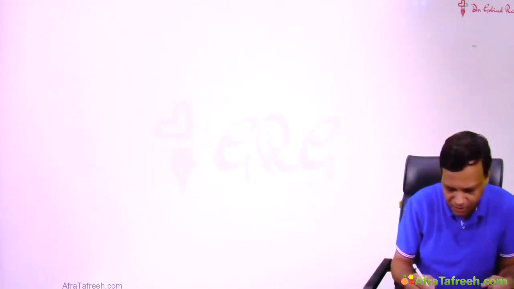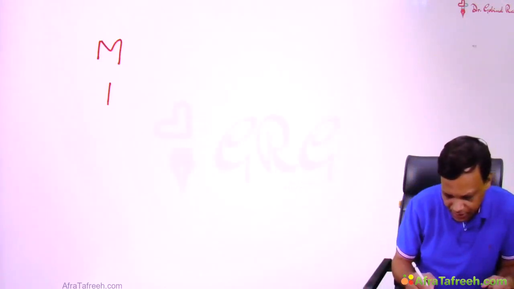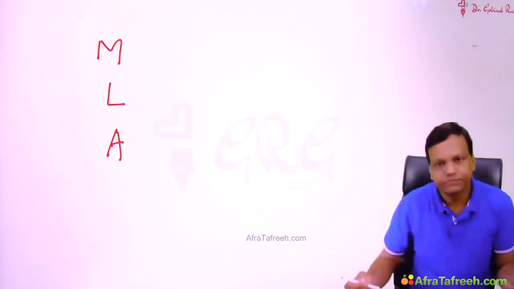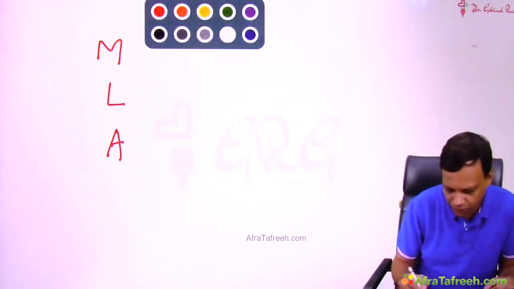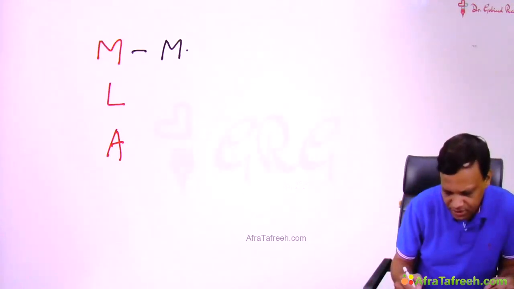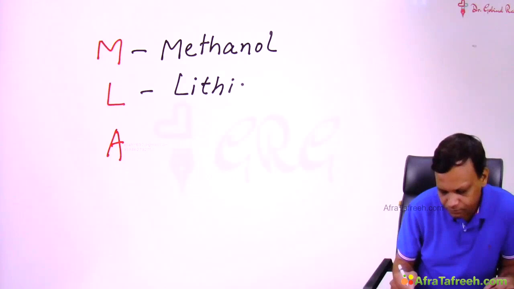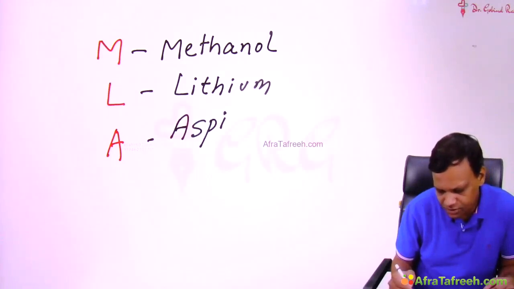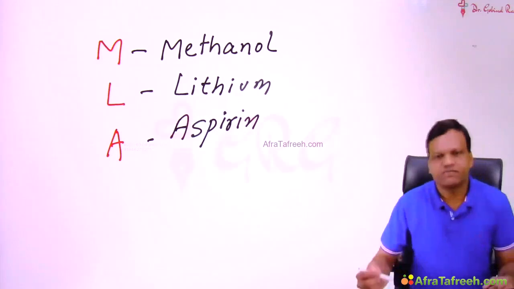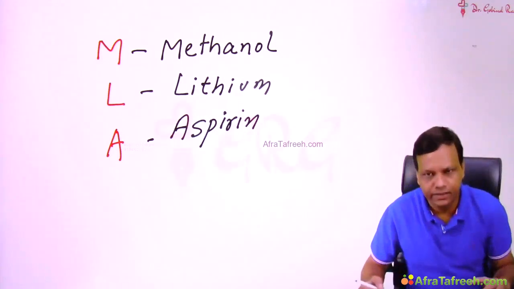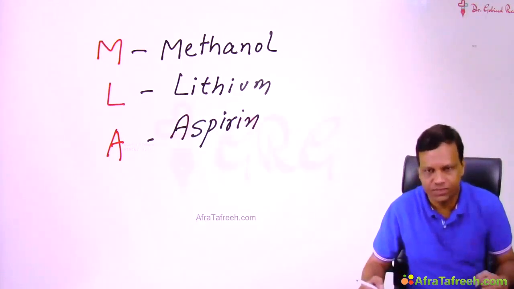So I remember that dialysis is done for MLA. The important drugs for which we commonly do dialysis include methanol, lithium, and aspirin. These are the important drugs for MCQs. Dialysis is effective in MLA: methanol, lithium, and aspirin.